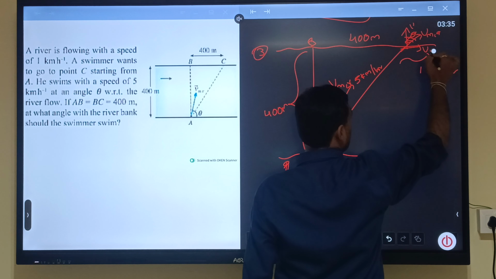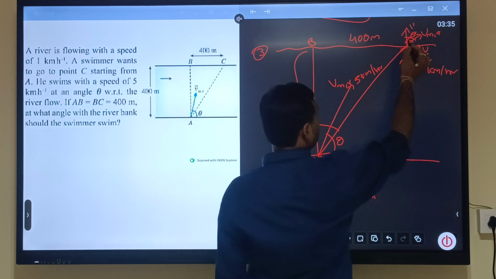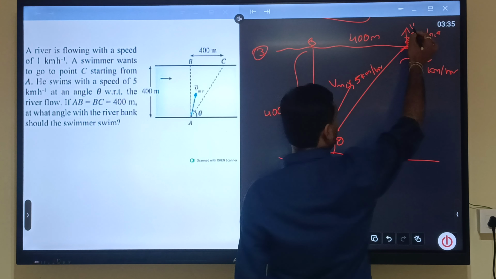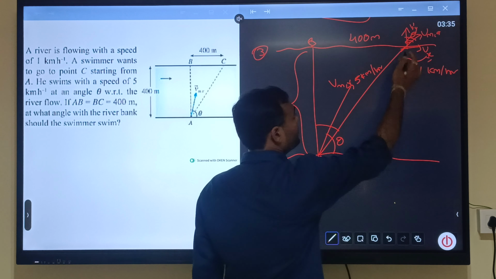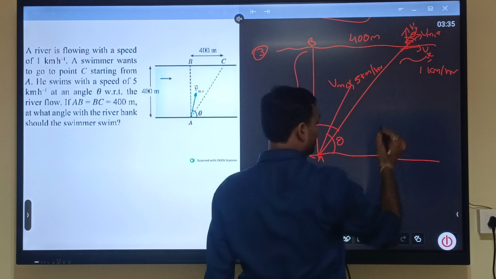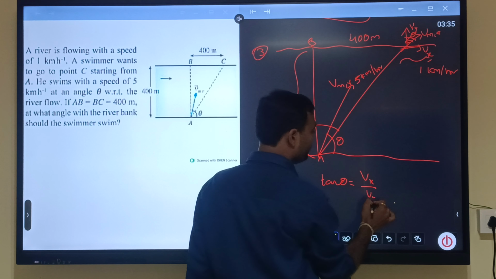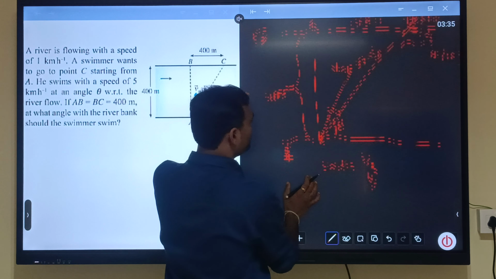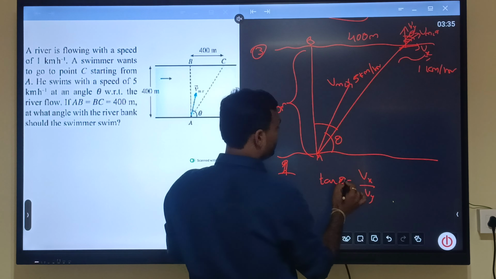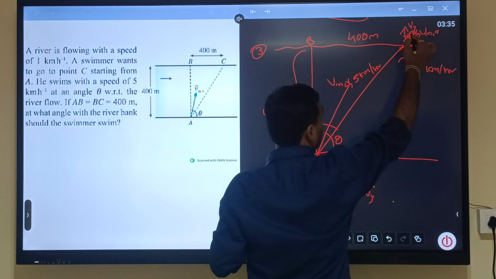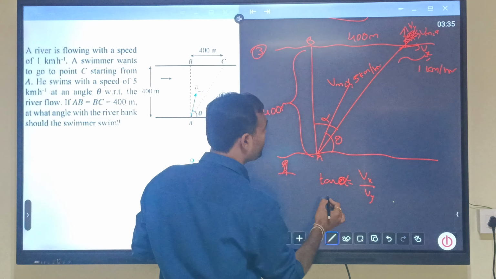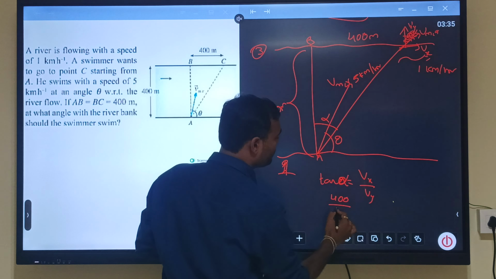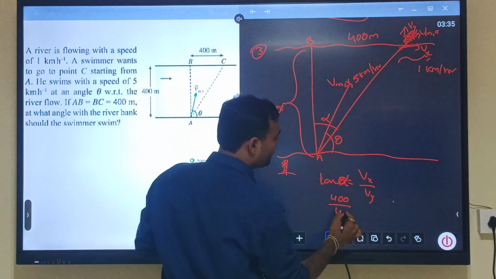This is actually what we have to consider as Vy, and this as Vx, right? Then tan theta is equal to the opposite vector Vx by Vy. Let us assume alpha to avoid confusion, because here we already considered it as theta. So tan alpha is equal to 400 opposite by 400 adjacent.